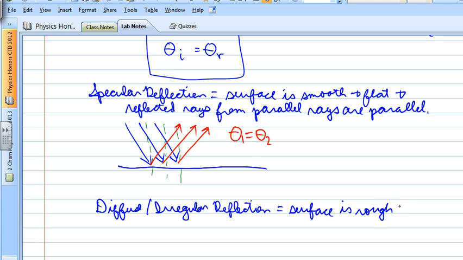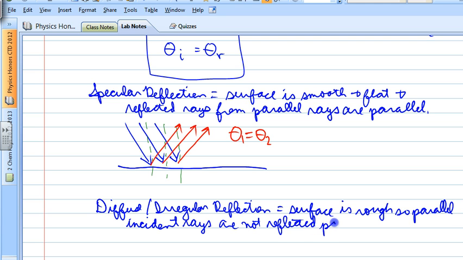So parallel incident rays are not reflected parallel. Now this is how we see most objects. For example, it's how you read the words off the page of a book.